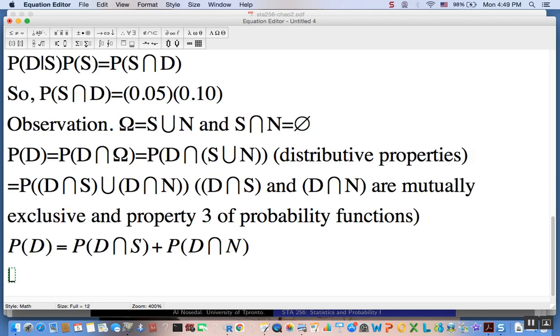So we already know this first term: the probability for that intersection is 0.05 times 0.10. The other one will be the multiplication between the probability of dying given non-smoker times the probability of non-smoker, which is going to be 0.01 times 0.9.